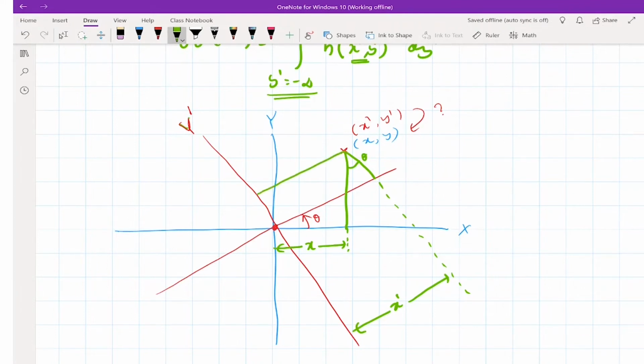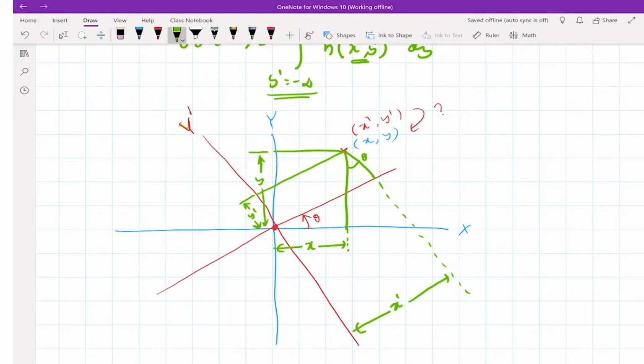If I draw here, that's exactly equal to this, and of course this is equivalent to y prime. What about y? You drop it here, and of course this is x, which we anyway marked here, but this value would be equal to y, right?